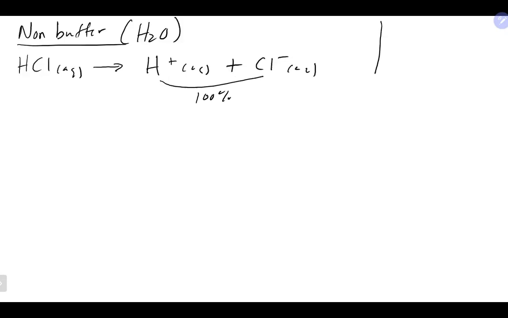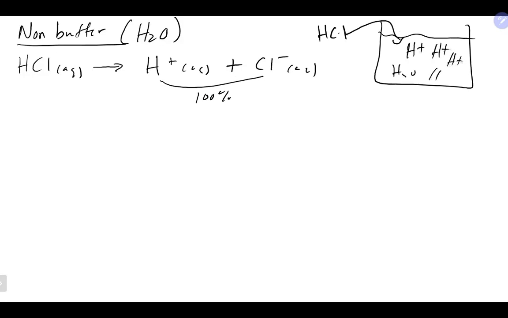Which means in my solution, when I add my HCl in there, I pretty much just created a lot of H pluses really, really quickly. What happens when the concentration of H plus increases? What happens to the pH? It goes down. Yeah. Greater amount of H plus, less OH minus. You're going to see a really big jump in the pH because you just added a bunch of H plus to the solution. That's basically what pH is, right?